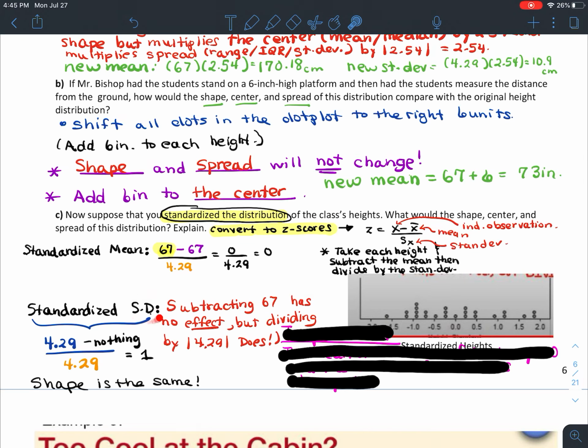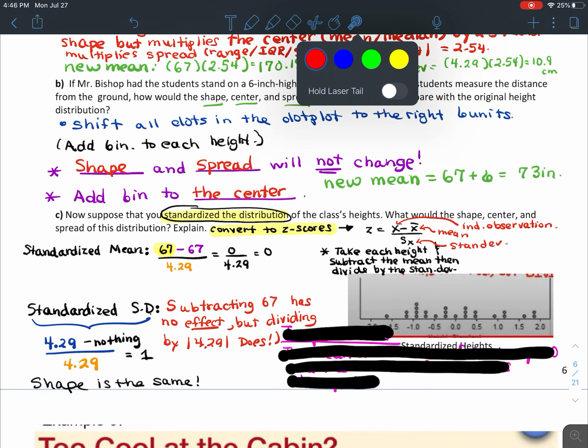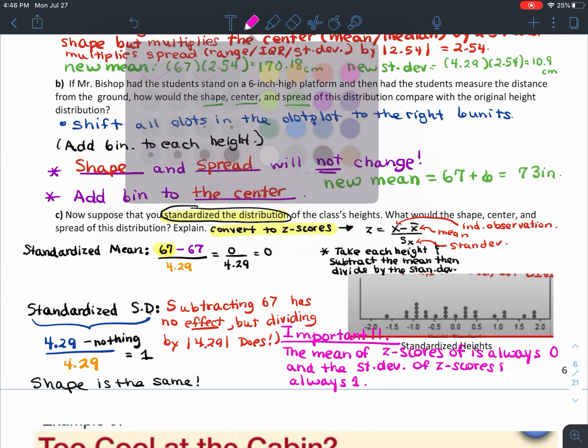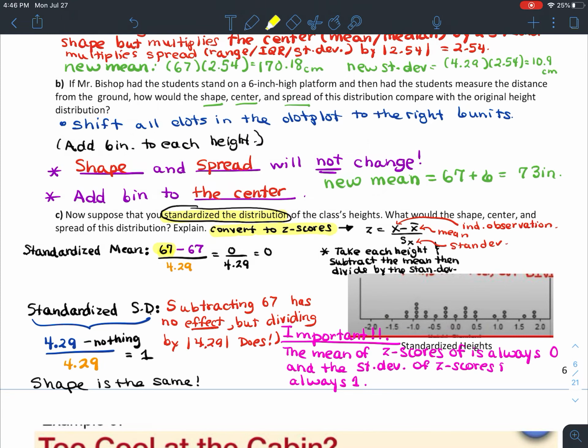The reason I said I'm subtracting nothing is because when we transform this, measures of spread, which is what a standard deviation is, are not affected by addition or subtraction. So I'm not going to subtract anything from it, but they are affected by division. So I'm going to divide by 4.29, and I end up getting 4.29 divided by 4.29, which is 1. So when we do this, your standard deviation for a set of z-scores is always 1. Shape stays the same.